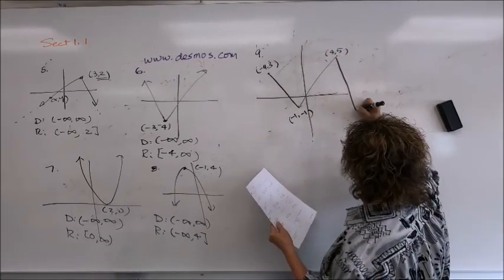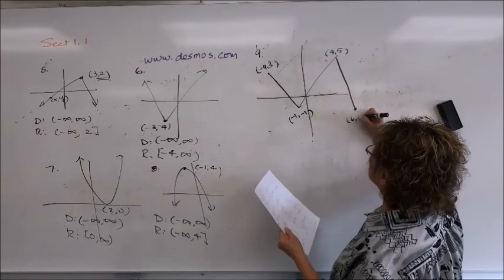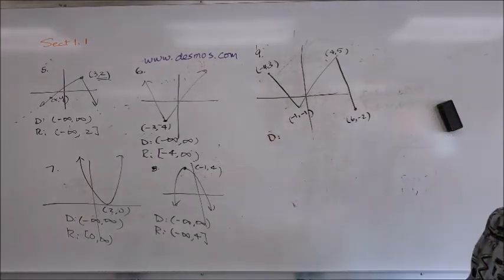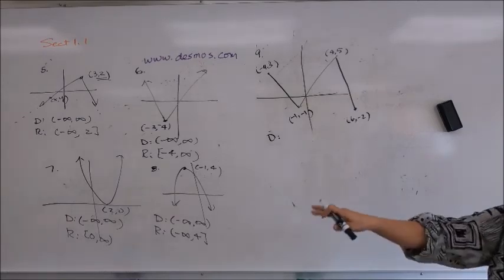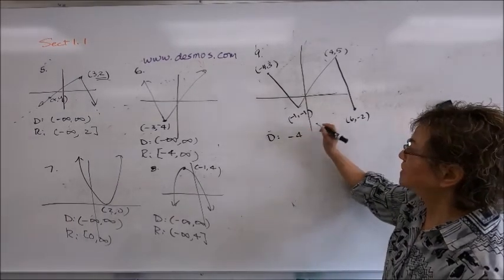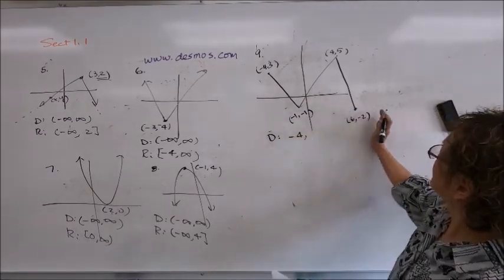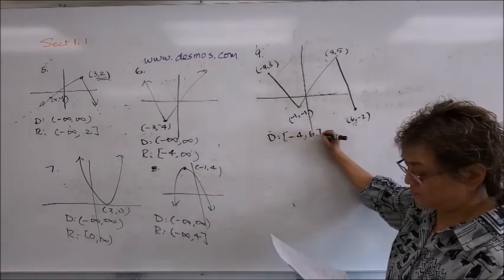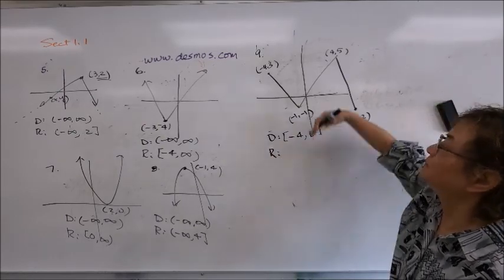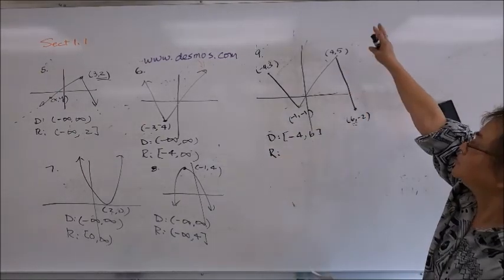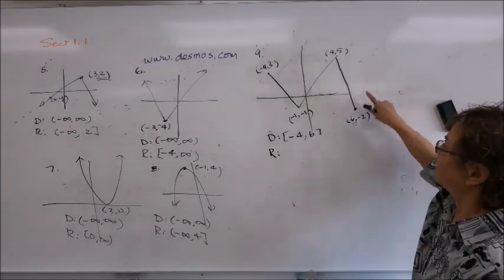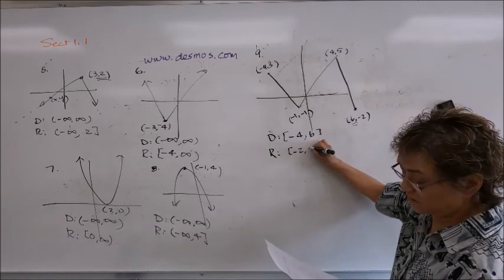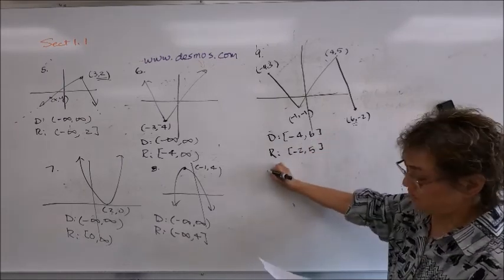Then you come down again to where? 6 and -2. What do you think your domain is? How far you can go left and right? Left, right. All the way for x to the right to 6. With bracket. What's your range? Up and down. How far you can go up and down? Highest 5, lowest -2. Always write a small number to the larger number.